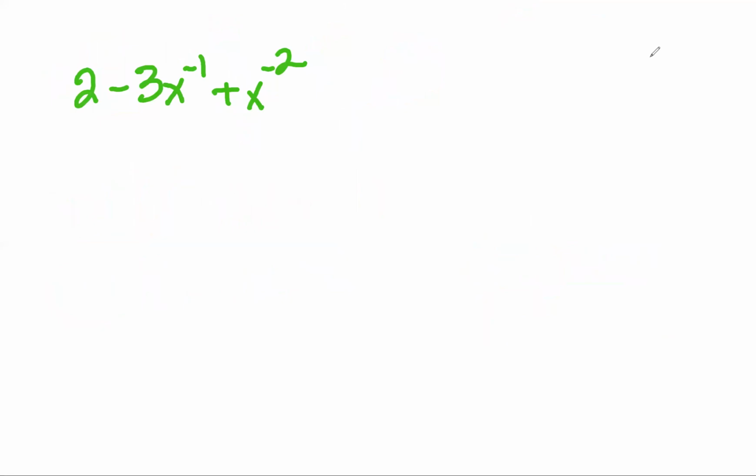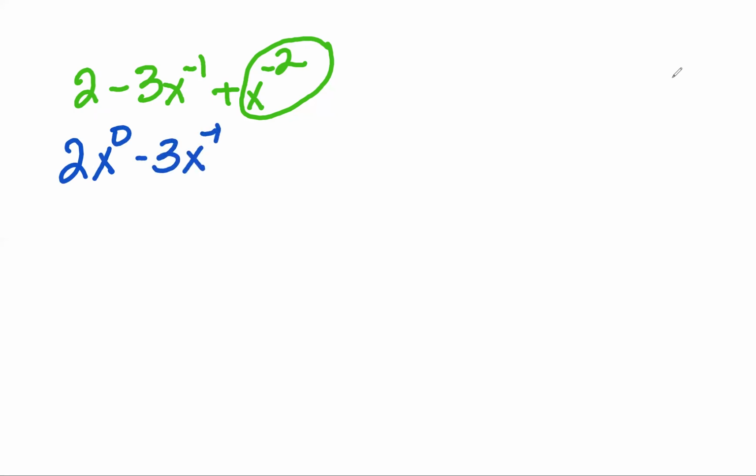Now this problem becomes a little bit different. While this is still going to be the lowest one, you need to think about this being, well, this is not really 2, it's really 2x to the 0 minus 3x to the negative 1 plus x to the negative 2.